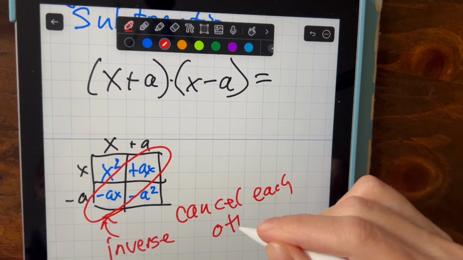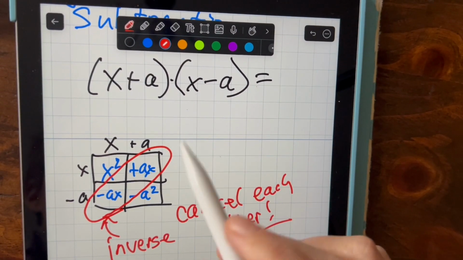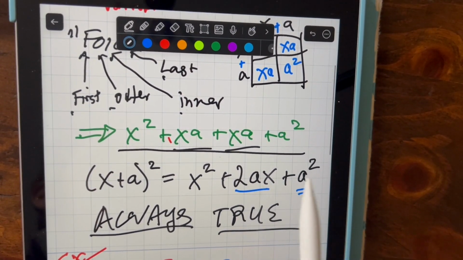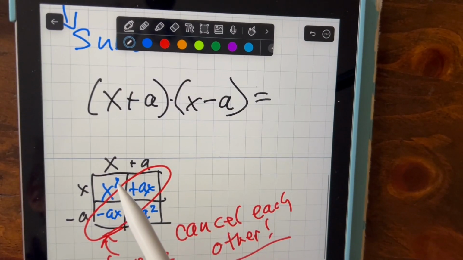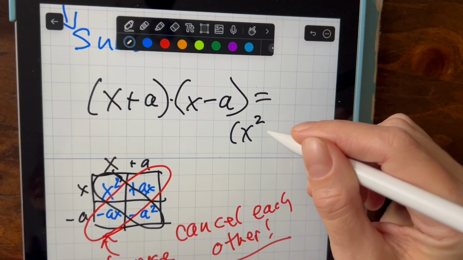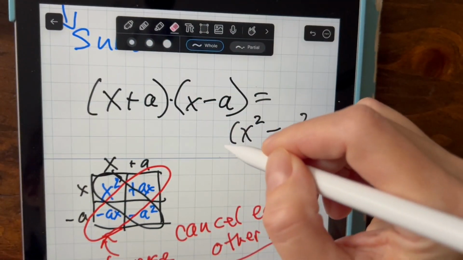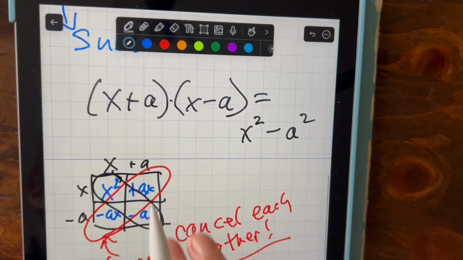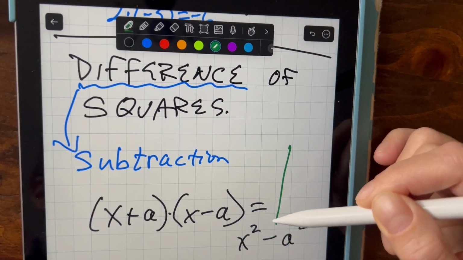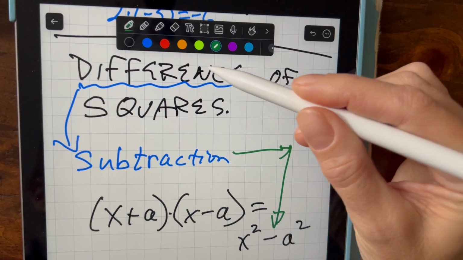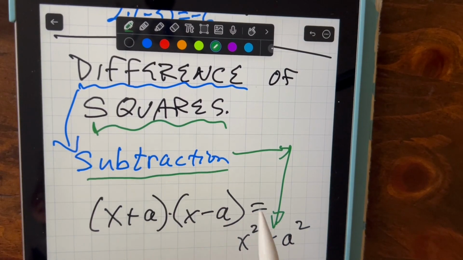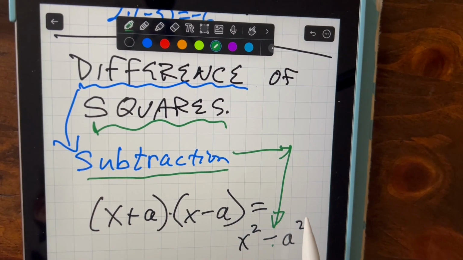So when that happens, instead of this, you end up simply with this, which is x squared minus a squared. Which is the difference, subtraction, of squares. These are both perfect squares.